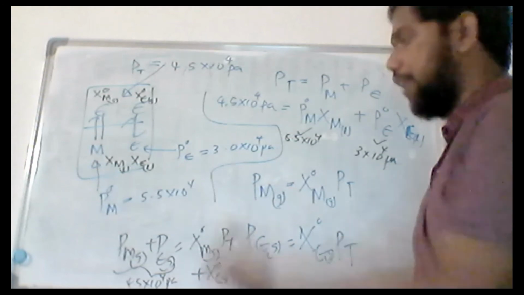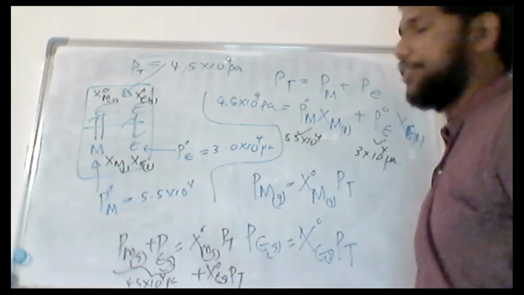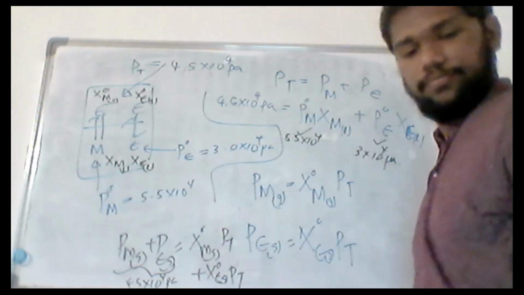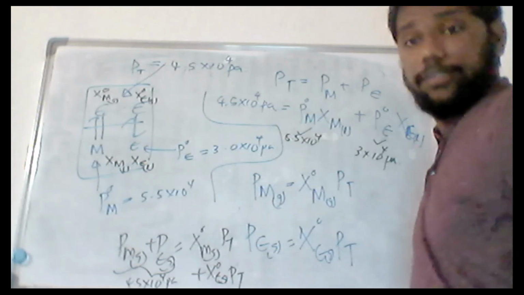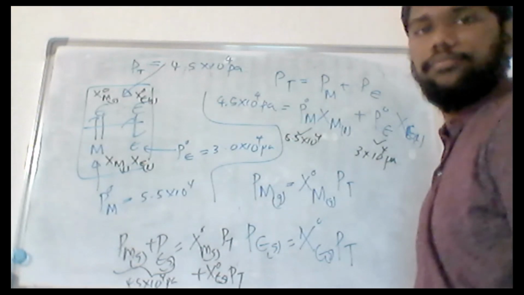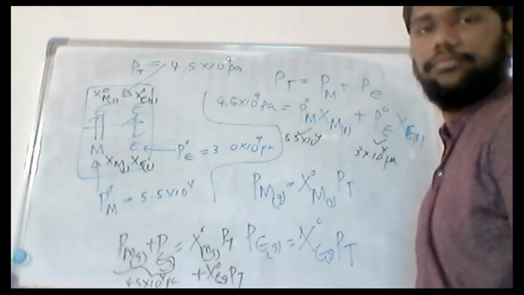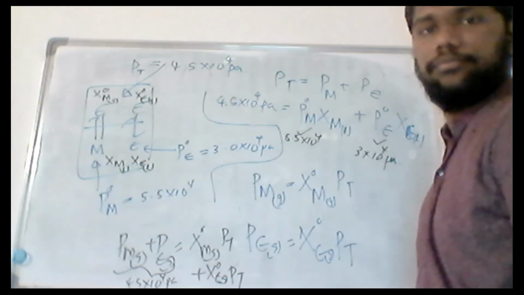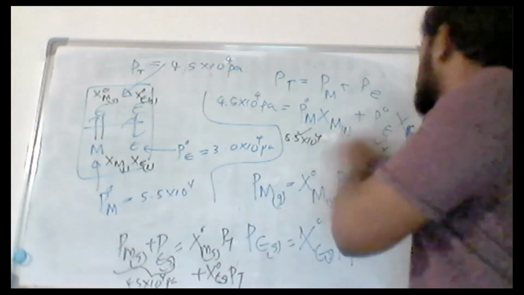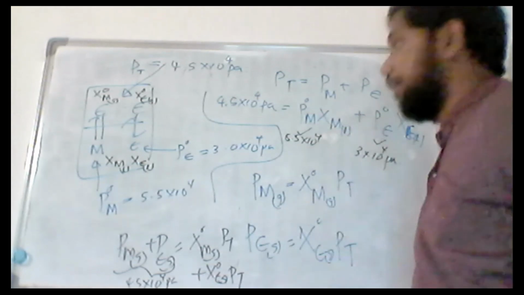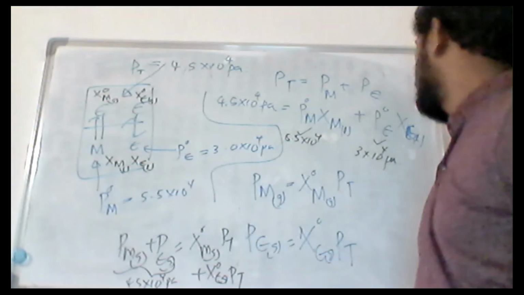Right? So can you find this after this? Very quickly. Because here you don't know these two, XM liquid and XE liquid.